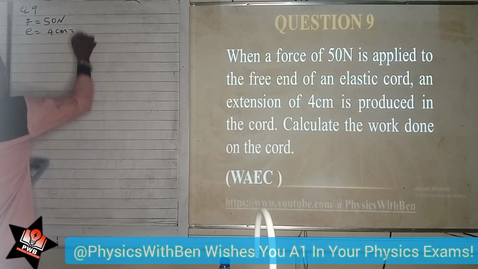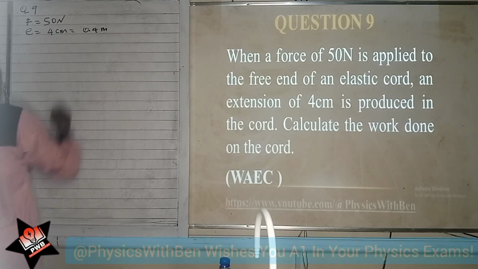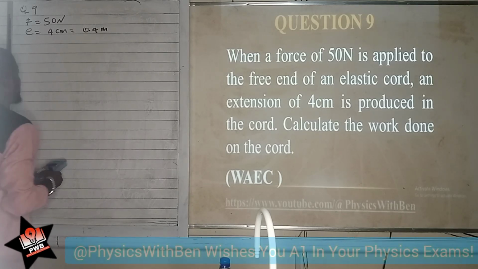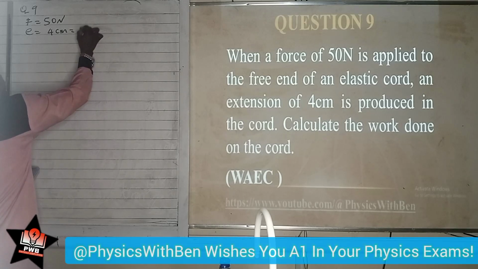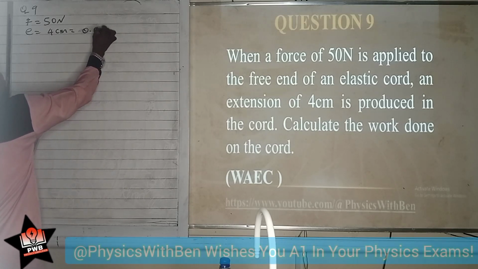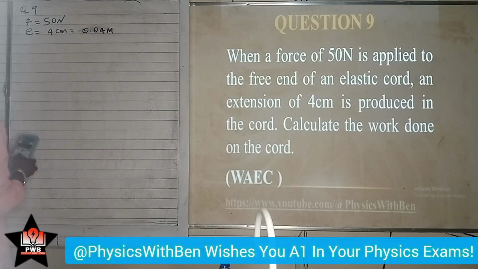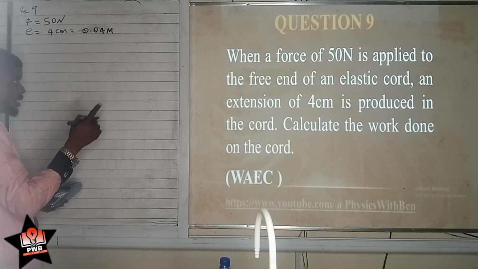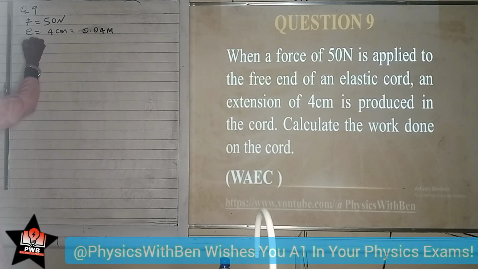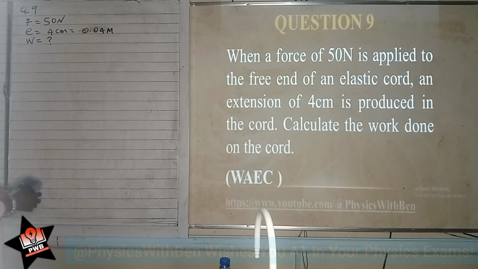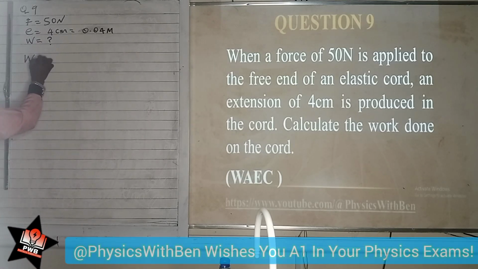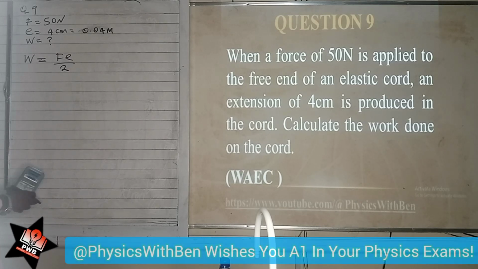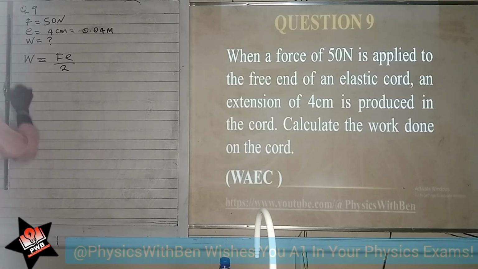Converting, 4 divided by 100 gives 0.04 meters. It is produced in the cord. Calculate the work done. Work done is not given. So from W is equal to FE all over 2, we substitute.